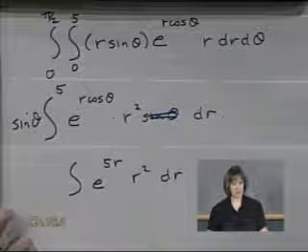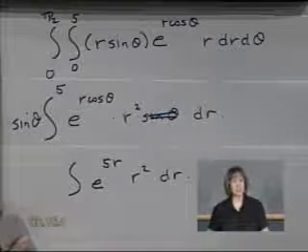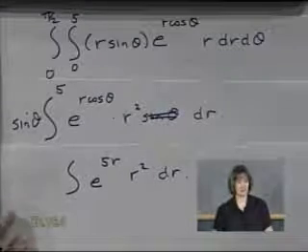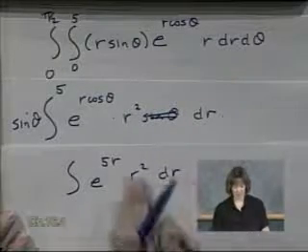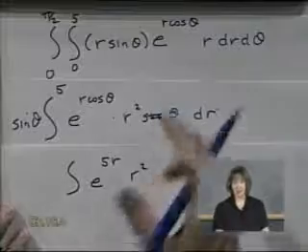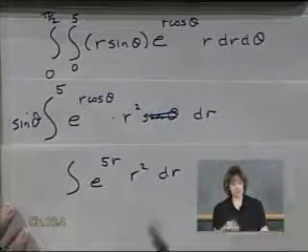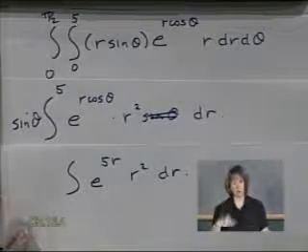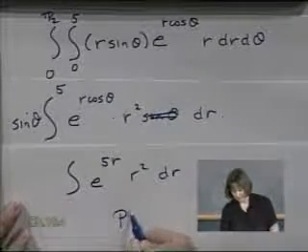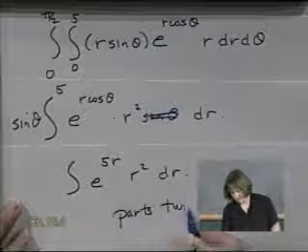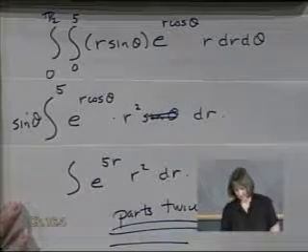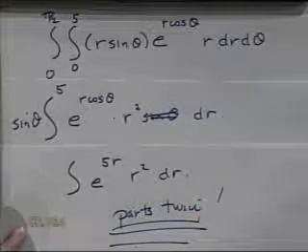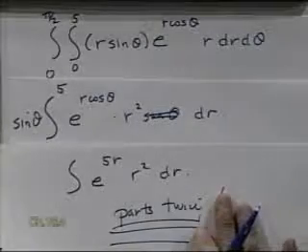Unfortunately, people, it's going to be integration by parts twice. Because you're going to let your u be r squared, du is going to get knocked down to 2r dr. You're still going to have an r e to the r. You're going to be doing parts twice. I don't want to do parts twice. I only want to do parts once.